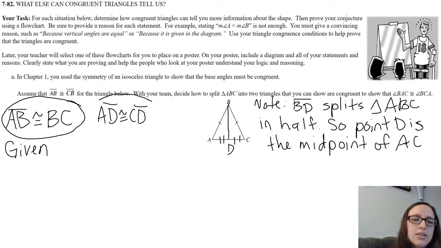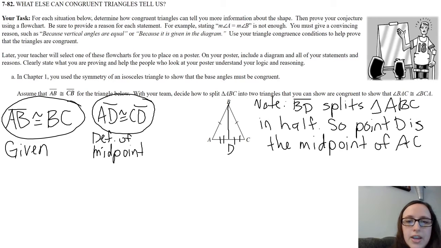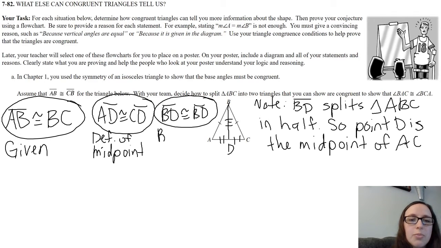And that reason is going to be midpoint, definition of midpoint. And finally, we know that BD is equal to itself. And the reason that something is equal to itself, we always use a reflexive property.